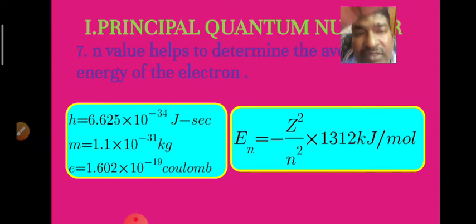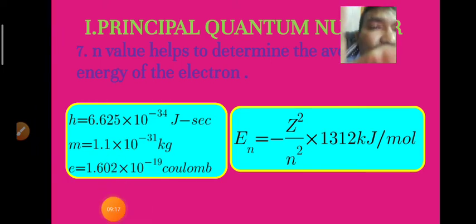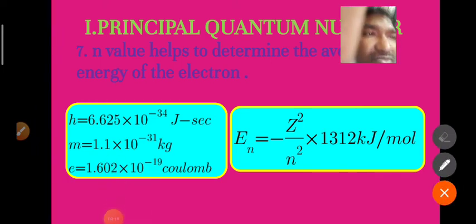So like this we take the values and substitute. The charge of the electron in MKS units is 1.602 into 10 to the power of minus 19 coulombs. On substituting all these values in the equation, we get this equation.